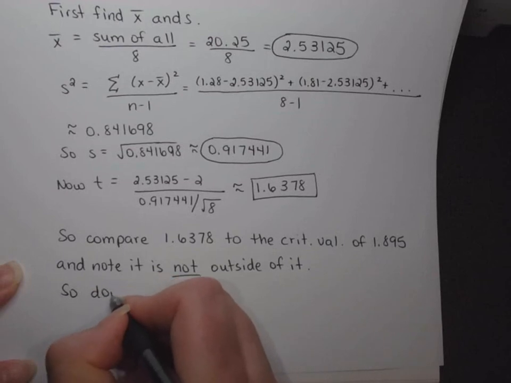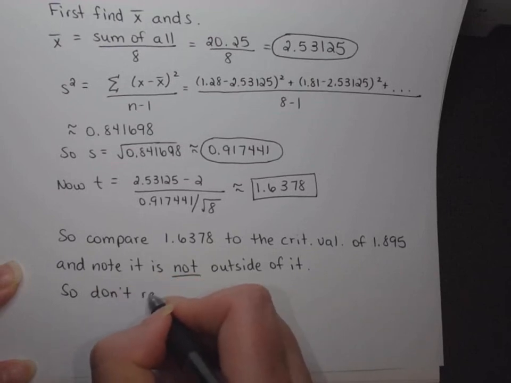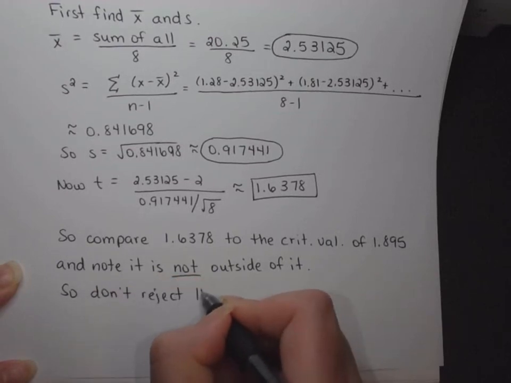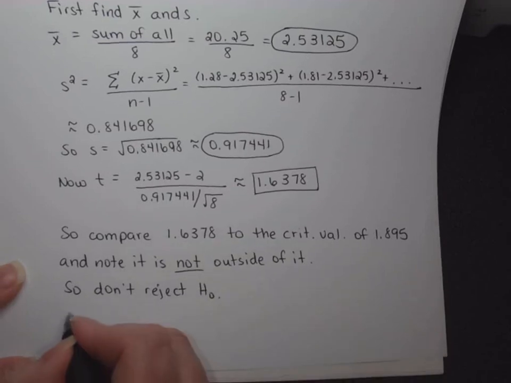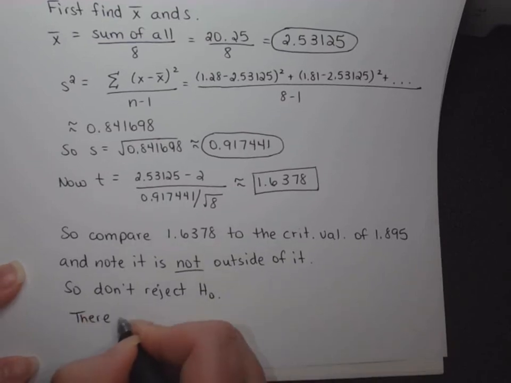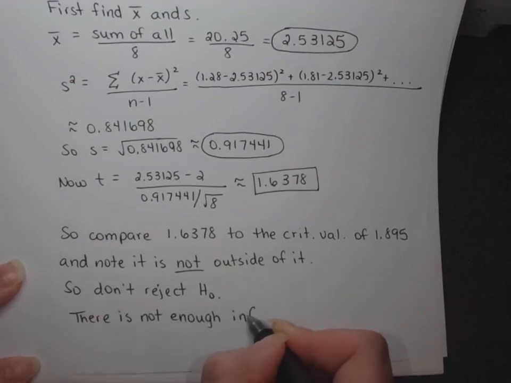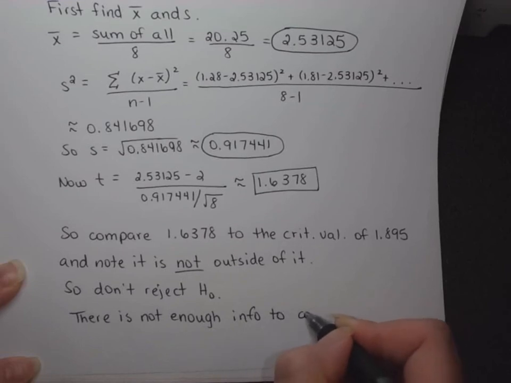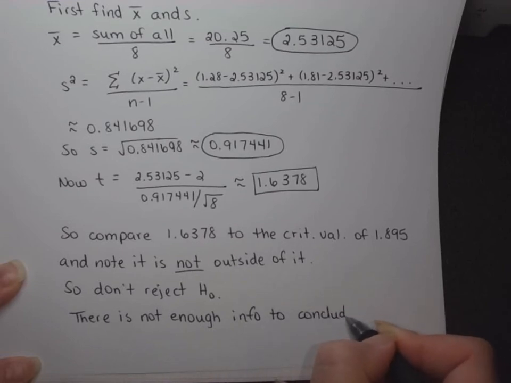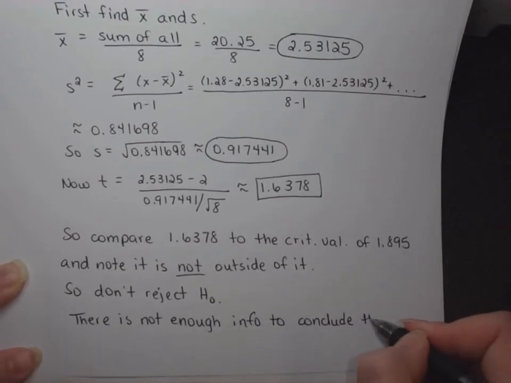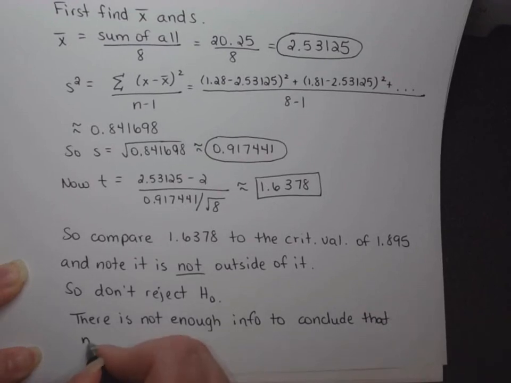So don't reject H sub 0. That's our decision, and it means there is not enough info to conclude that the mean is greater than 2.